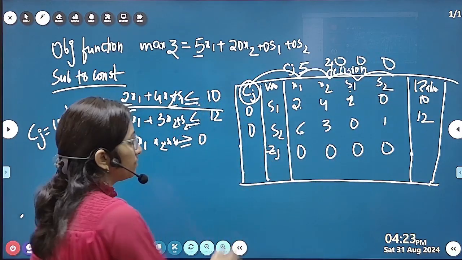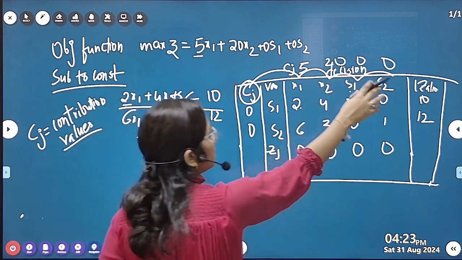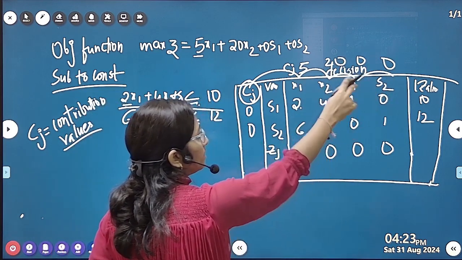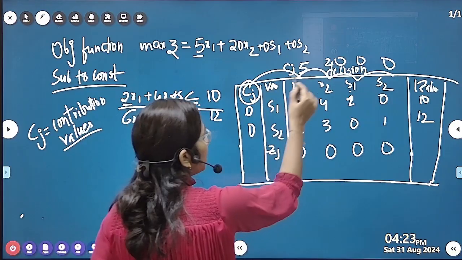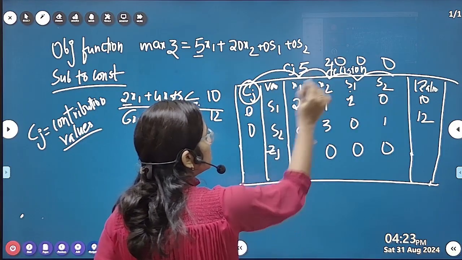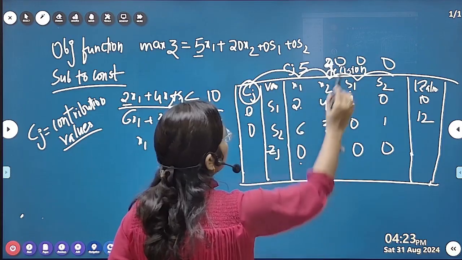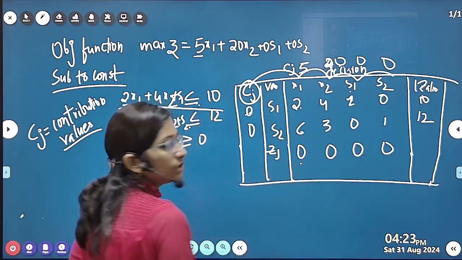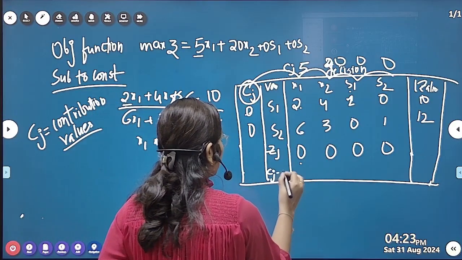Only for the slack variables it is 0. So when 0 is multiplied into 5 you will get 0, 0 into 20 you will get 0, 0 into 0, 0 into 0. Okay, is that clear everyone?